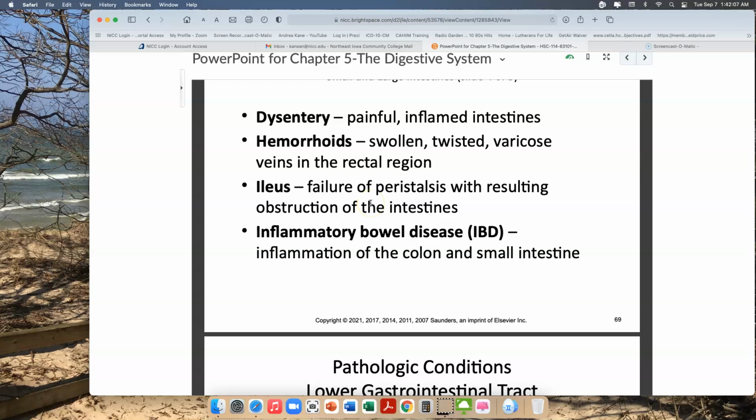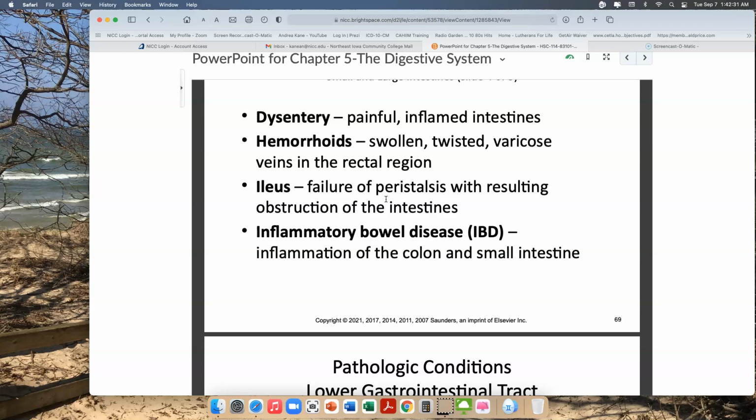Ileus is failure of peristalsis with resulting obstruction of the intestines. And sometimes an ileus happens just after someone's had abdominal surgery, and it's not the fault of the surgery. For whatever reason, in some people, this develops after abdominal surgery, or especially intestinal surgery. And some people, they don't have a problem with it, but it does develop.